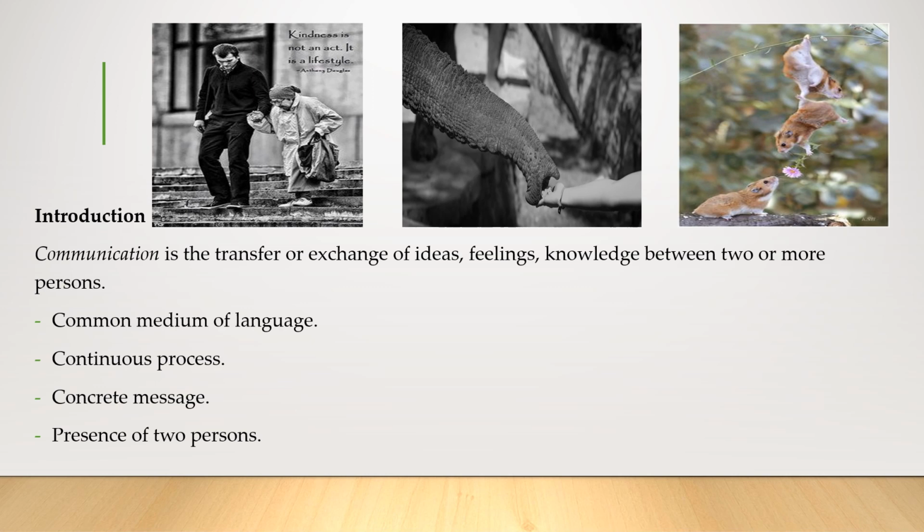So by looking at these 3 pictures, I'm sure you will understand that there has to be some sort of a link between 2 entities, 2 persons, or 2 living beings. And that link is primarily of understanding, of sharing, of expressing, right?